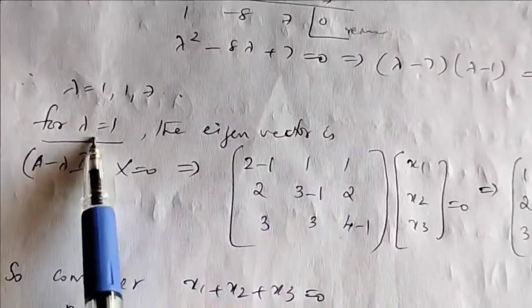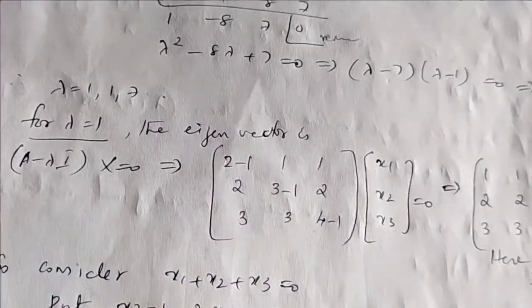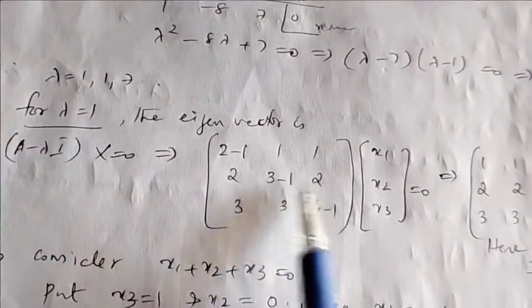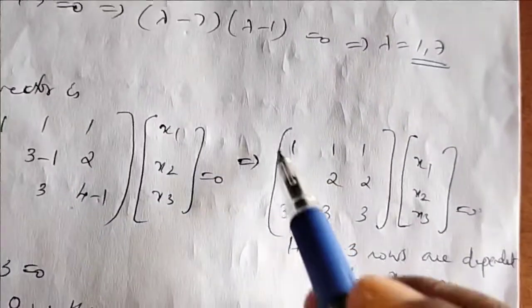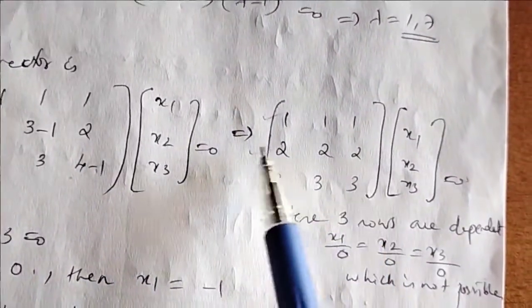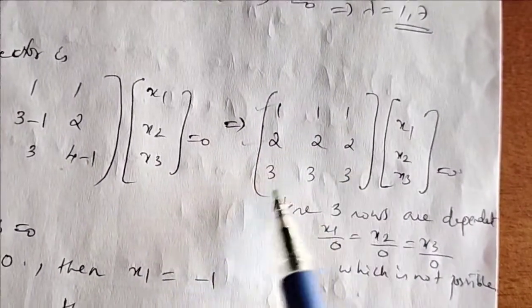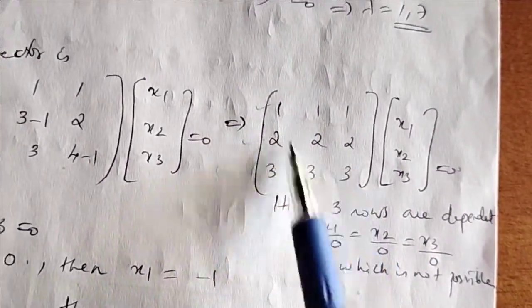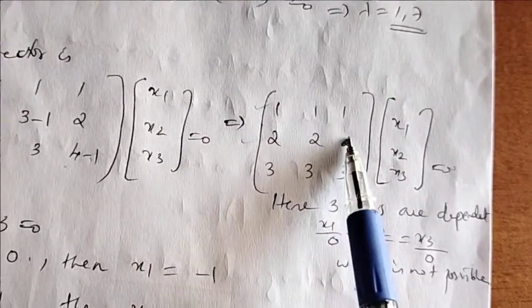First of all, the eigenvector for lambda is equal to 1: (A minus lambda I) x is equal to 0. That is, subtract 1 from the diagonals. Then we could use this method to find the eigenvectors as in the previous problem. But if you look at this matrix [1 1 1; 2 2 2; 3 3 3], by row transformation, the second row can be converted completely to 0.